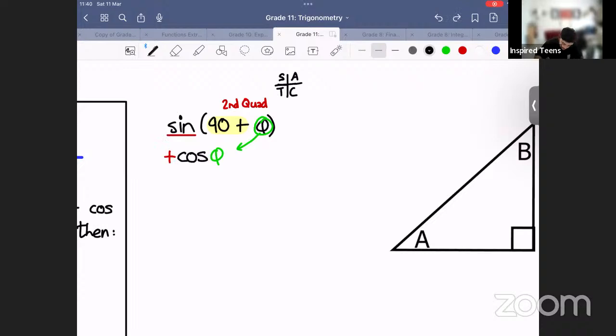Let's do another example. Let's do cos of 270 plus theta. Firstly, I want an attempt at the final answer.